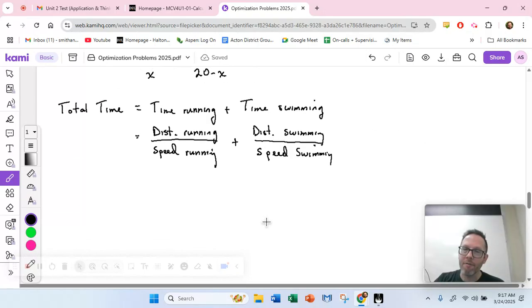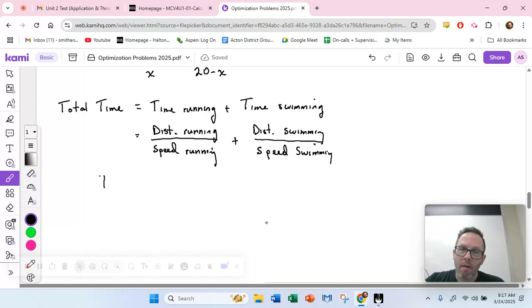So we now have an equation for the total time, the dog getting to the stick, in terms of one variable, the distance from Bort. It's the distance running, which is 20 minus x, divided by the speed running, which is 5, plus the distance swimming.